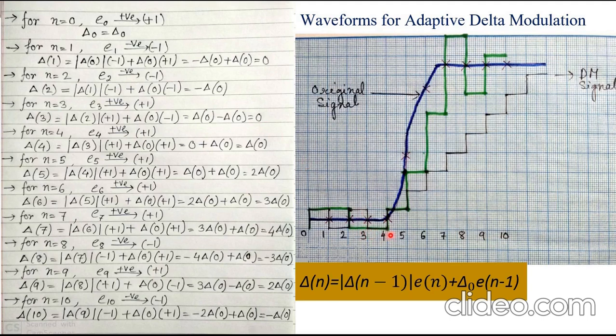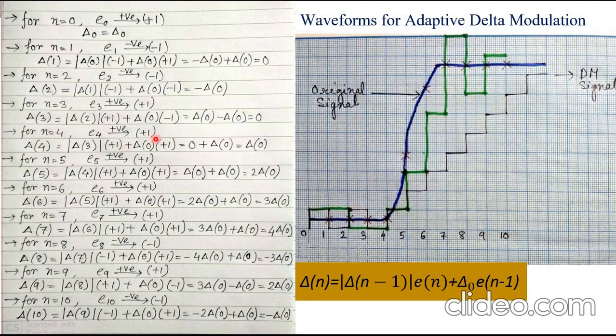So for n equal to 4, where you see input signal is less than staircase signal. So for E4, error is positive. So send plus 1 in error.